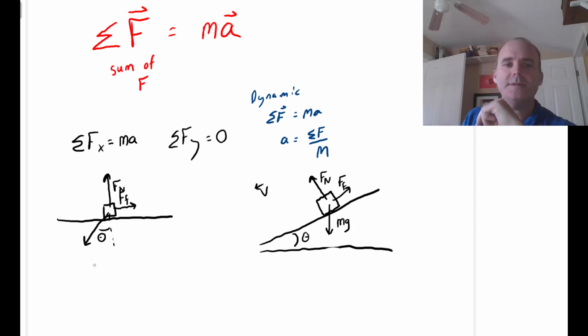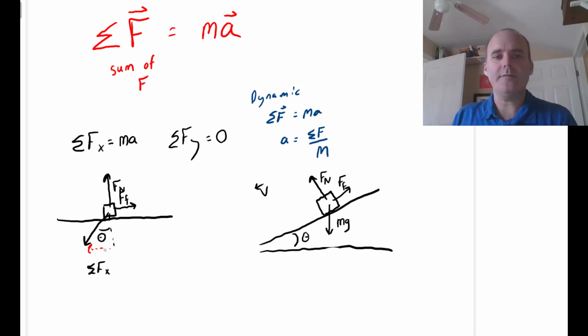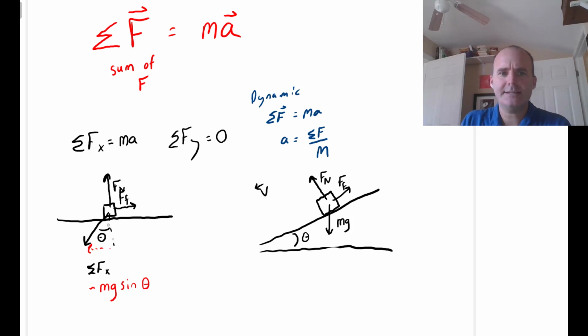Okay, so let's sum my forces in the x direction. Well, I have this force here in the x direction, this component of my weight. It's going to the left, so I'm going to call it negative mg sine of my angle. And it's sine because you can see how it's opposite.